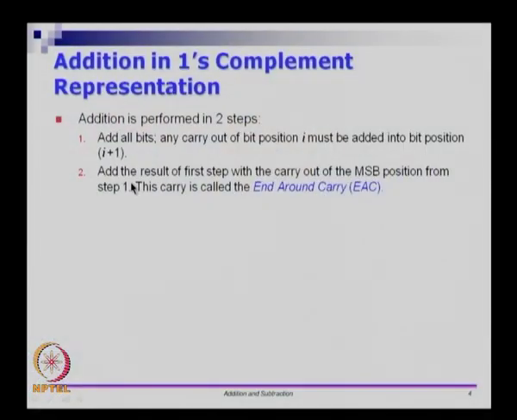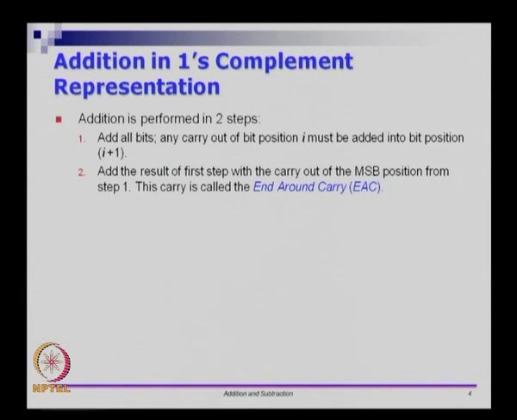If I want to add 2 ones complement numbers, it by itself is done in 2 steps. The first step is you add the bits as they are, treating the numbers as though they are unsigned numbers. We will talk about how to do unsigned addition later, but this is also something that I have given you as homework. I told you to add 2 4-bit numbers by designing half adder, full adder and 4-bit adder. You have already done that.